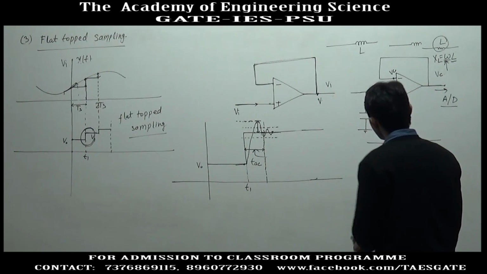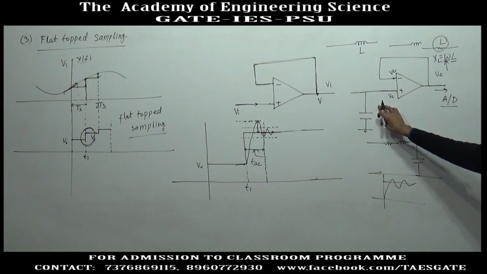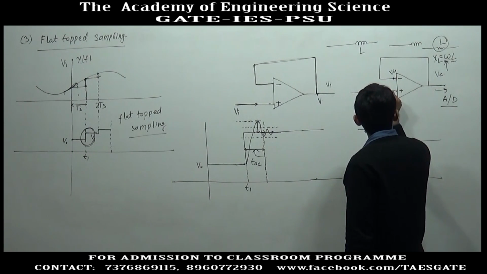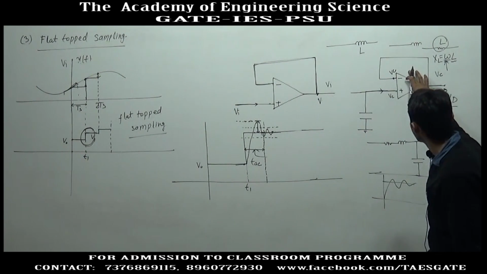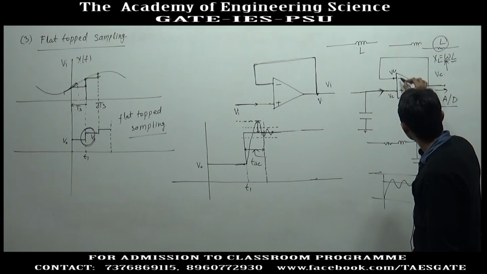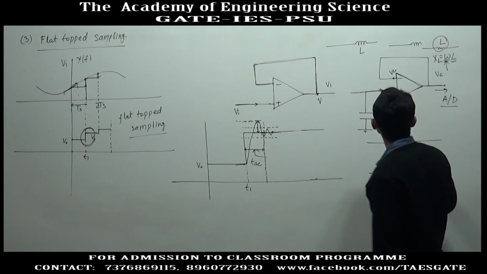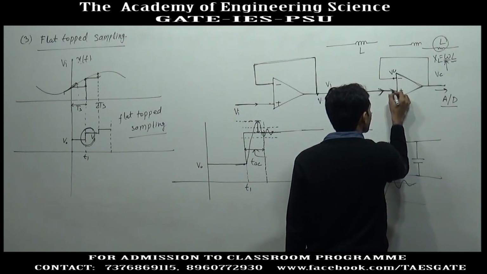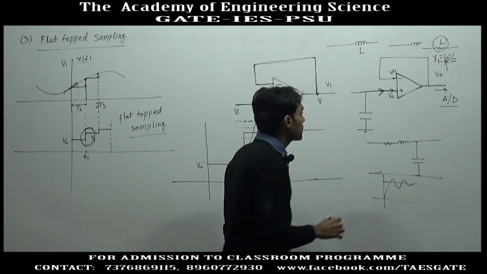Now, ideally the voltage across the capacitor must be constant, but if we talk about non-ideality, even for this buffer, ideally there should be no current in the differential amplifier, but there will be some constant current in the amplifier.